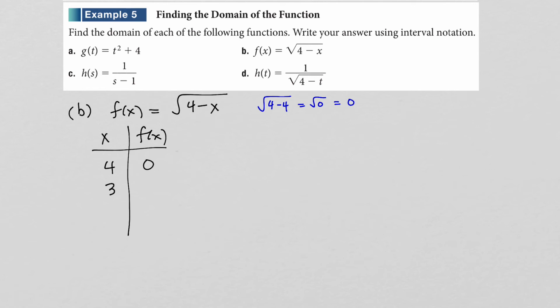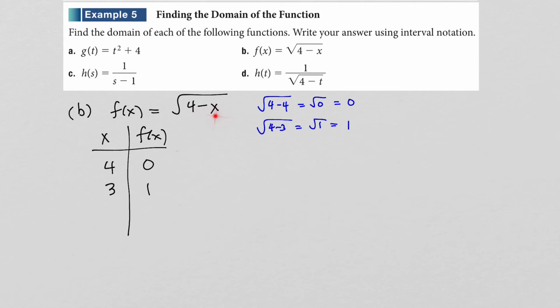Can you plug in 3? Well, if you plug in x equals 3, you get the square root of 4 minus 3, which is the square root of 1, which is 1. So remember, as long as you're taking the square root of a positive, we have no issue here. So when I plug in 3, I get the number 1. Well, it's not too hard to see that I can plug in 2, right?